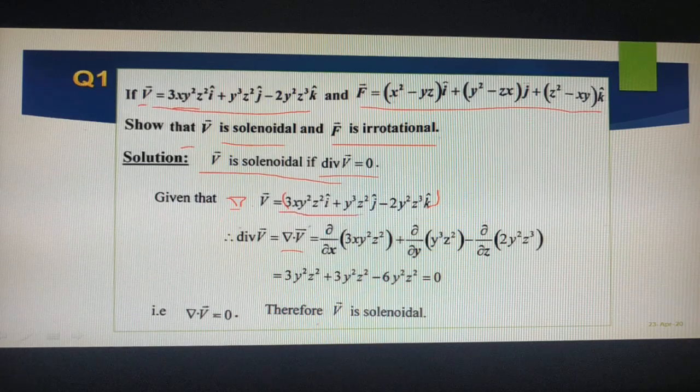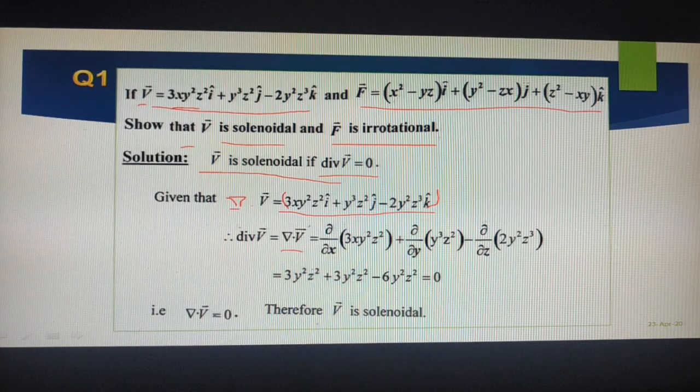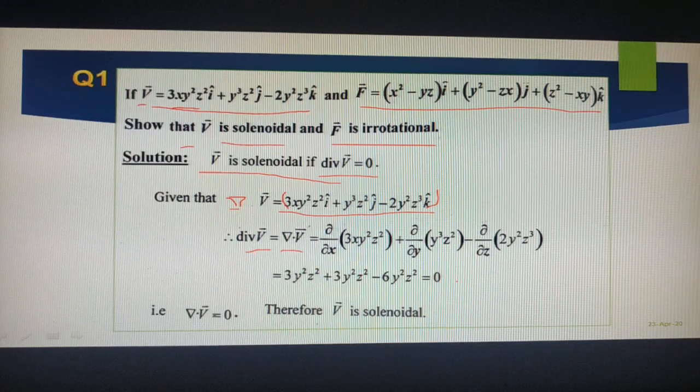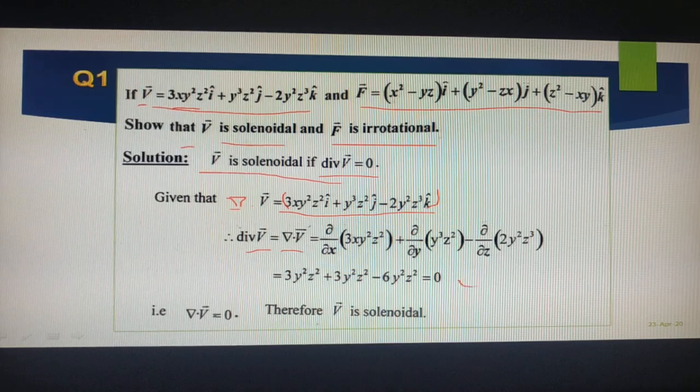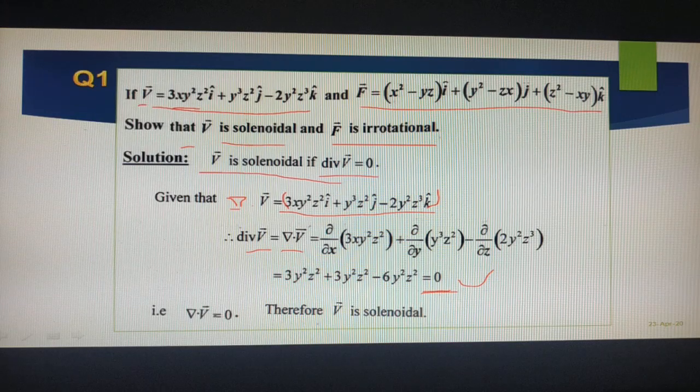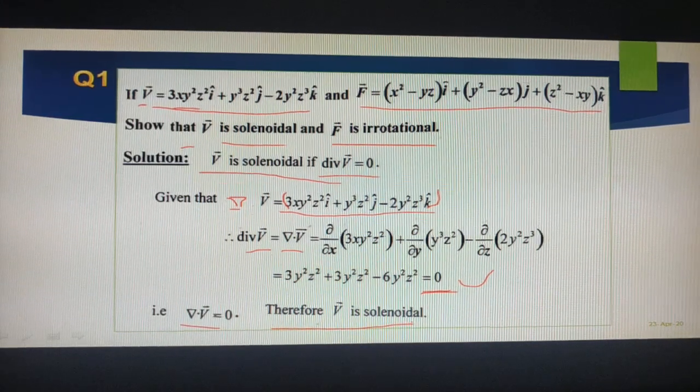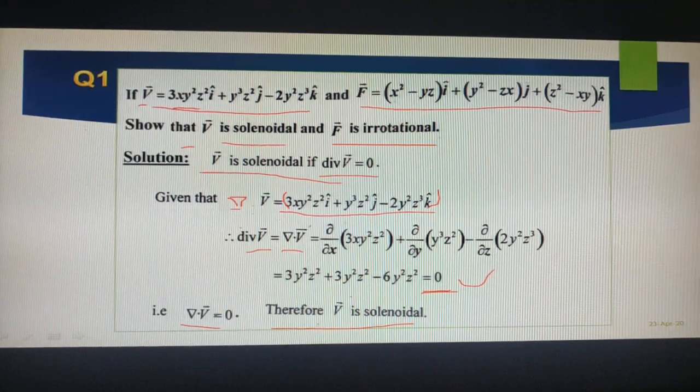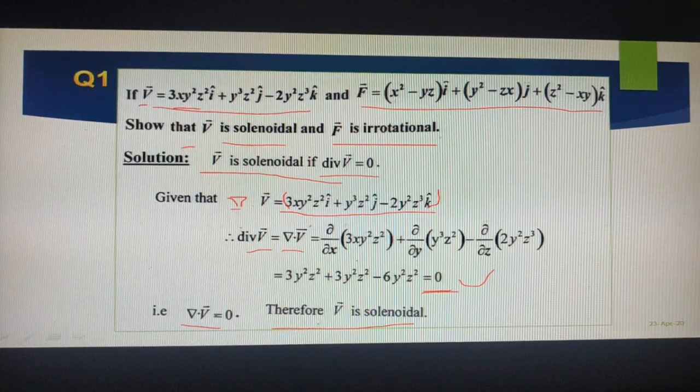When you multiply, i dot i, j dot j, k dot k becomes 1. You know how to get the divergence from our previous class also; same problems we discussed. Simply here we are finding the divergence of V. Because it got 0, divergence of V is 0, therefore V is solenoidal. There is no divergence, that's why we call it solenoidal.